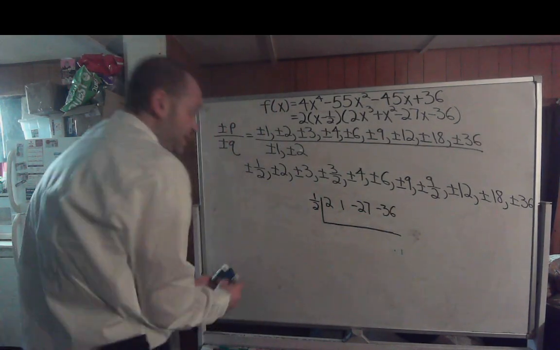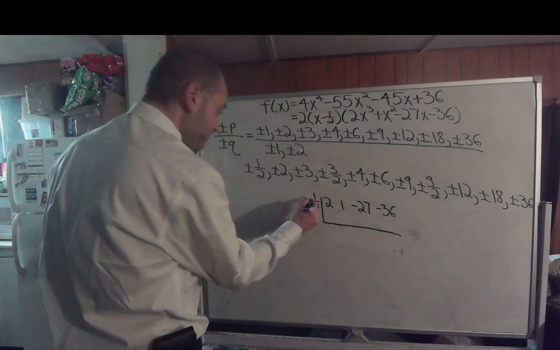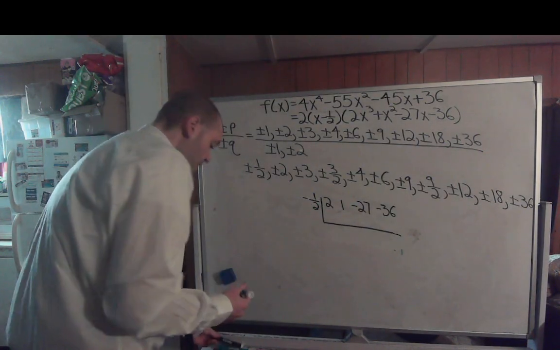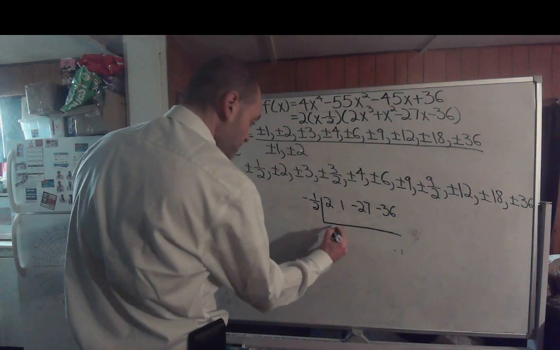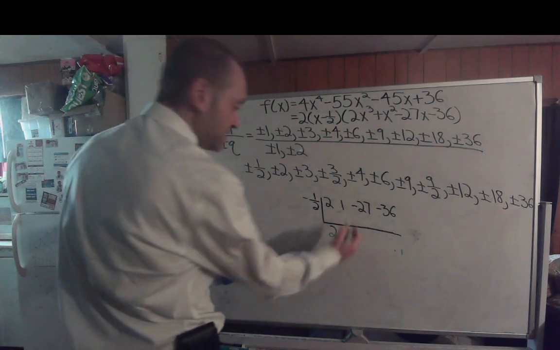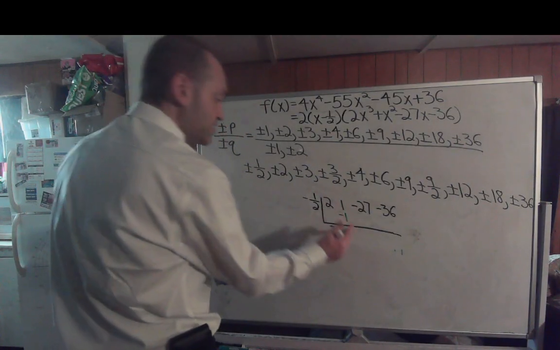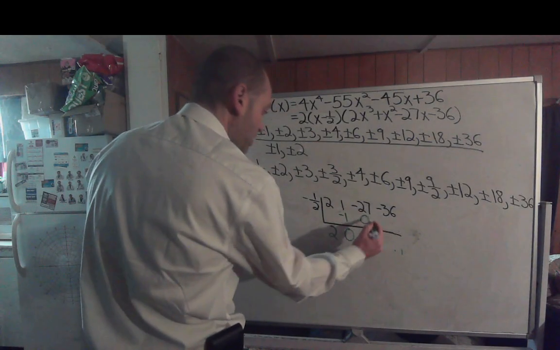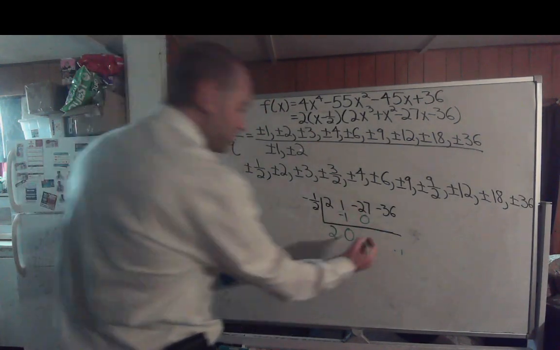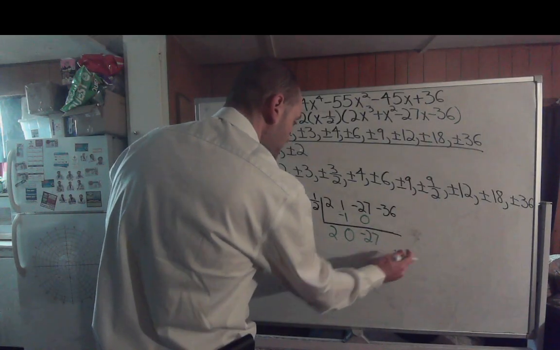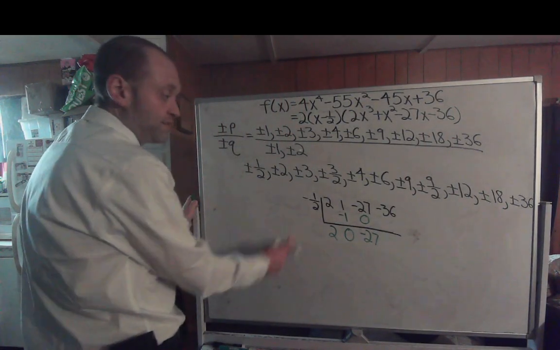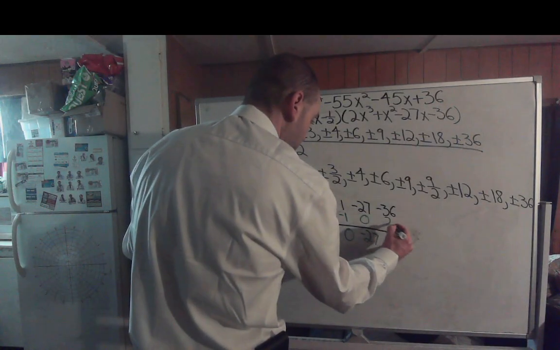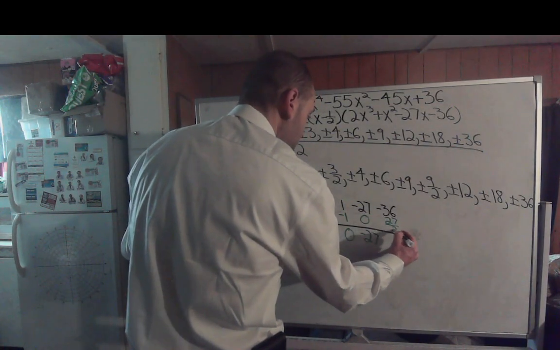So let's try negative 1/2. Bring down your 2. Negative half of 2 is negative 1. 1 minus 1 is 0. Negative 1/2 of 0 is 0. Negative 27 plus 0 is negative 27. Negative half times negative 27 is positive 27/2.